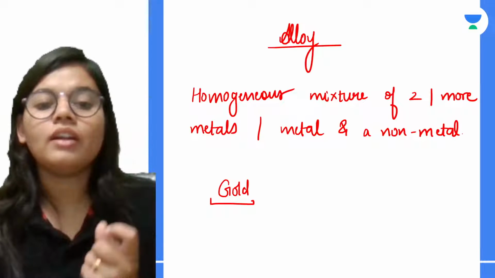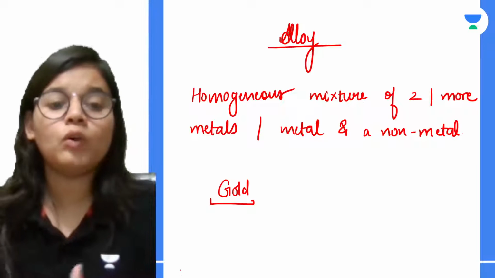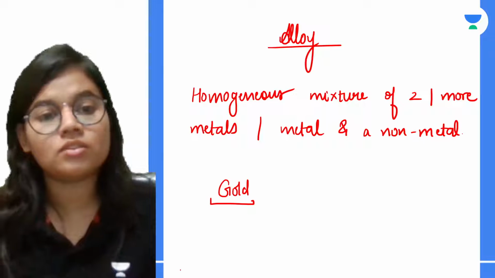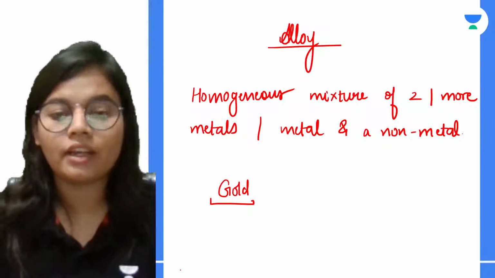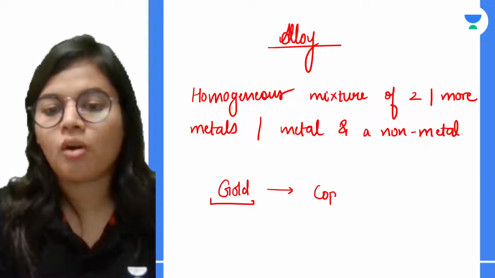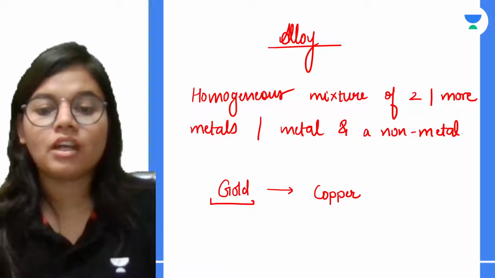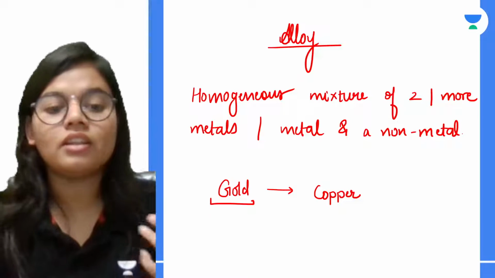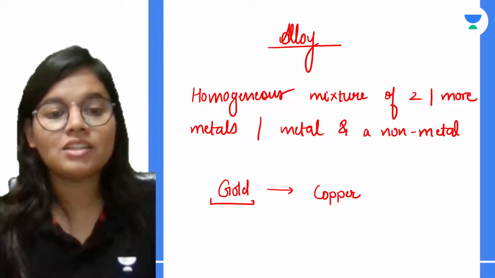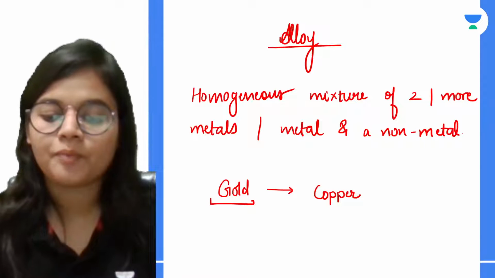Okay, तो gold as I told you it is very soft है ना, काफी ज्यादा soft होता है, तो इसको हम लोग normally ornaments में नहीं use कर सकते since it is very delicate. तो हम लोग इसमें क्या करेंगे, we just mix a bit of copper. ठीक है, तो ये कॉपर यूज करने से क्या होता है ना, the strength increases and that is why we can use it in the ornament making.